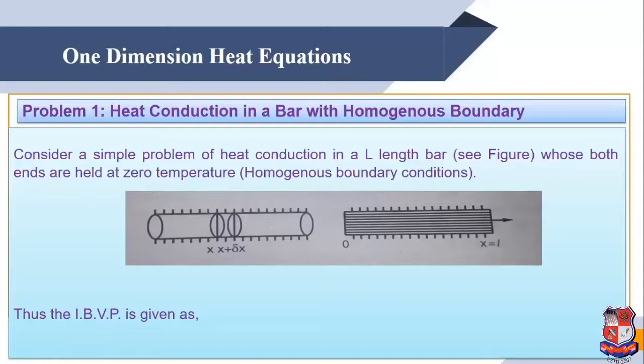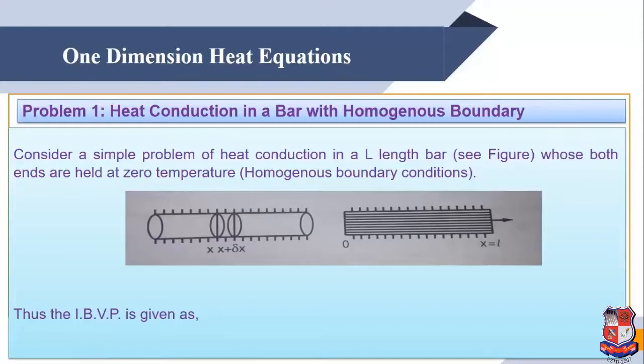Now, in this lecture, we discuss the one dimension heat equation, how to convert any problem into mathematical form, and then how to apply the separable variable method in an initial and boundary value problem.